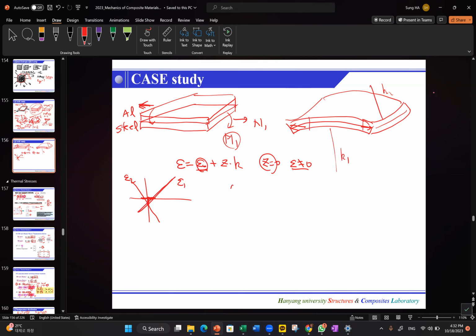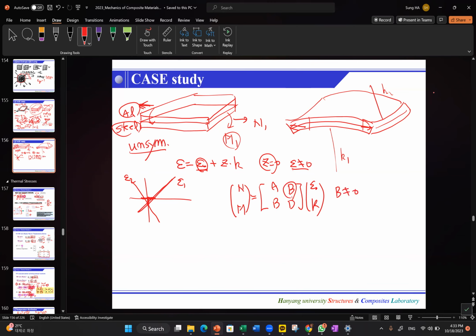And here I'd like to remind you of N and M with A, B, B, D, and we have epsilon 0 and curvature. I just use this 2x2, but this is aluminum and steel. Then I call it unsymmetric. Unsymmetric will cause B to be non-zero.